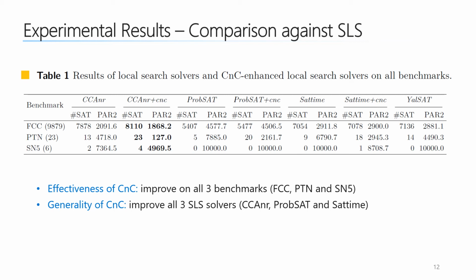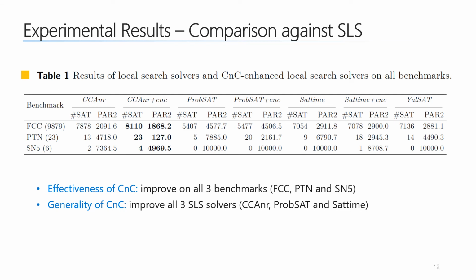In this slide, we present the experimental results of comparison against SLS solvers. According to the results, it is clear that the CnC method is effective, since it is able to improve the practical performance of SLS on all 3 benchmarks, including FCC, PTN, and SM5.